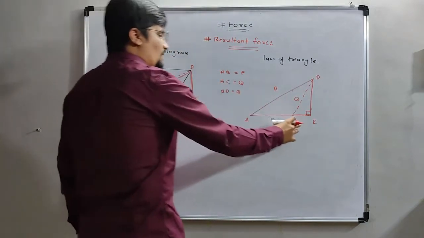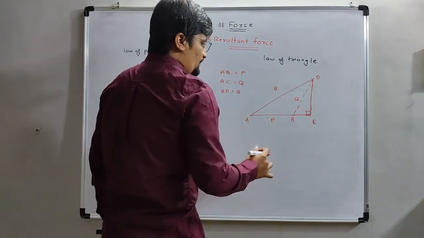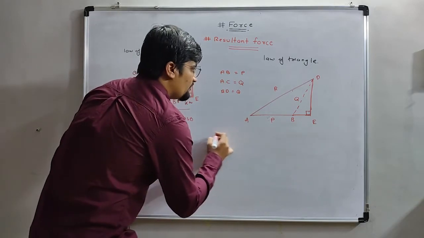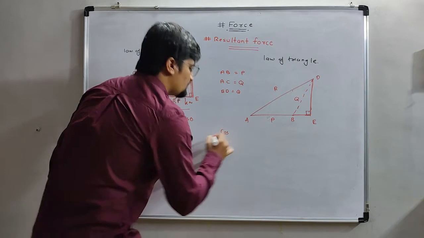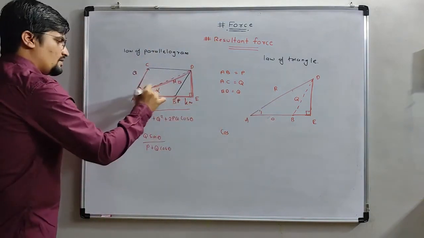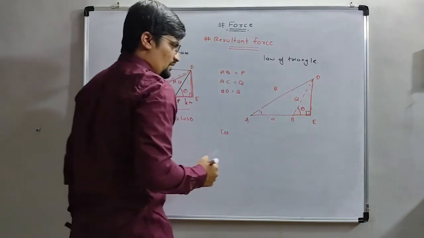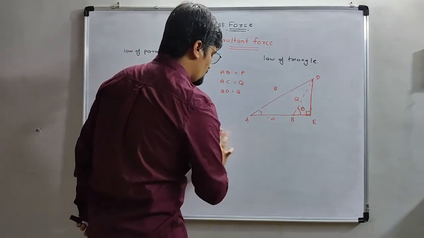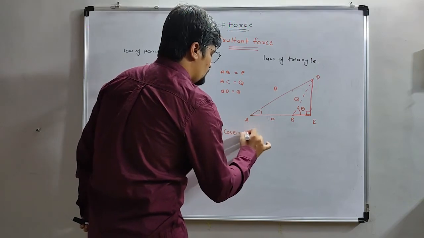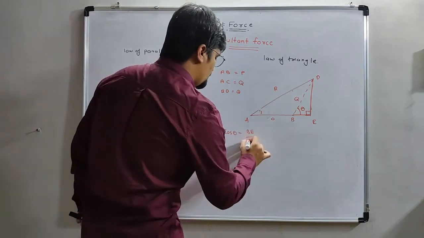So we need to find the BE value. By using the sine cos formula, this is theta, so this will also be considered as theta. So we can say cos theta is equal to BE by BD.